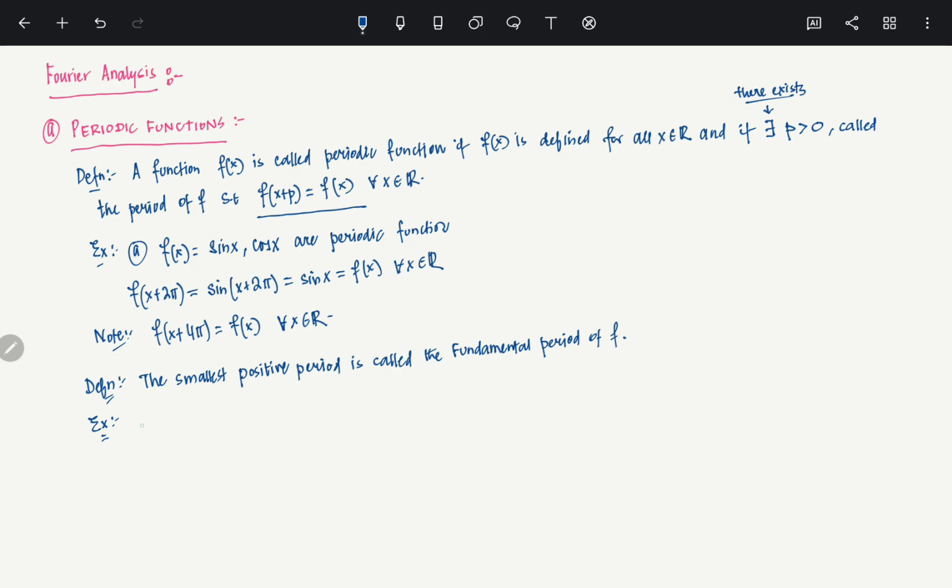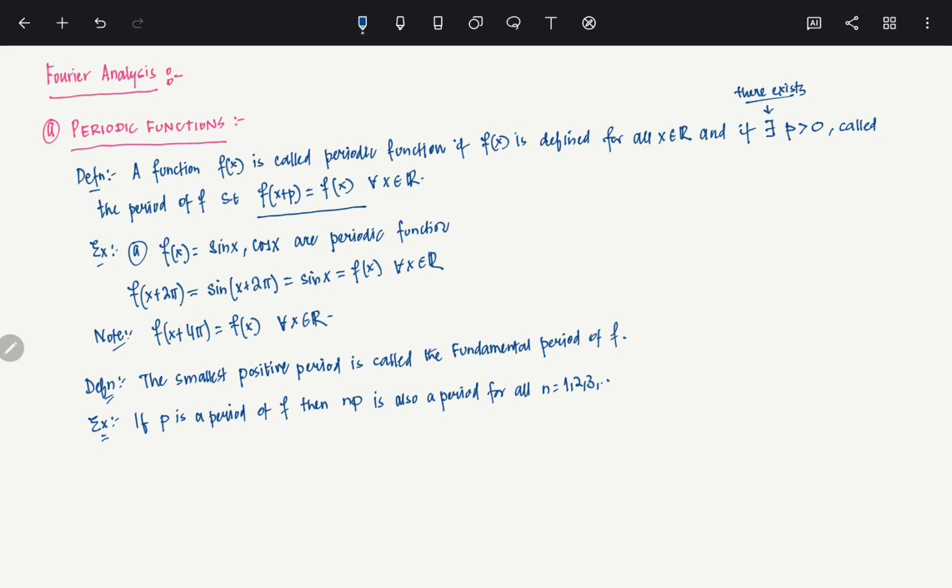If p is a period of f, then f of x plus np is also f of x, so np is also a period, for all natural numbers n.